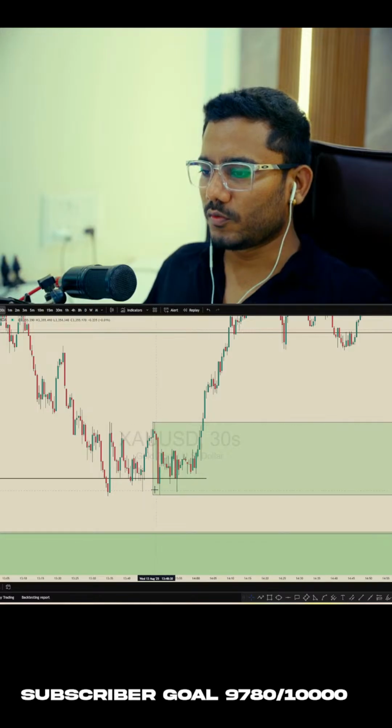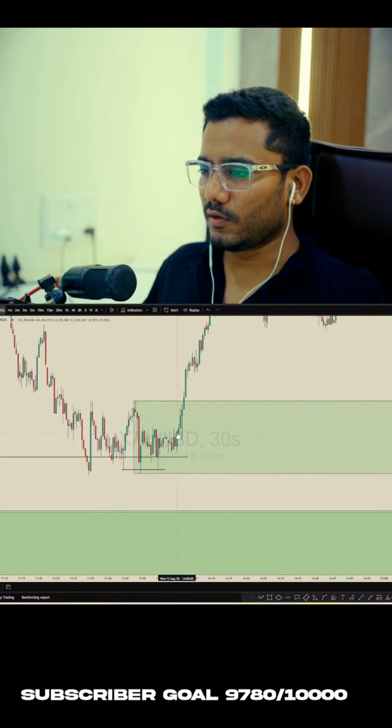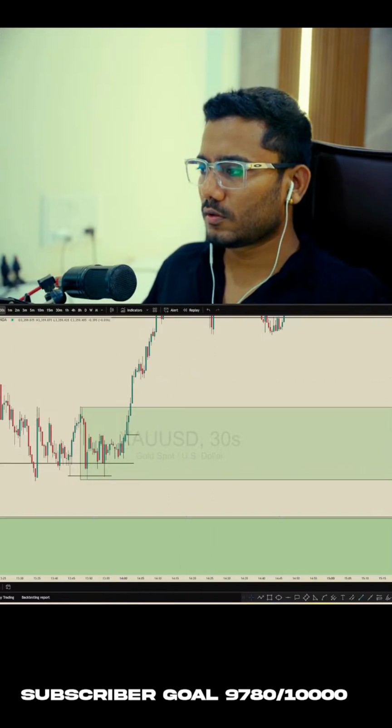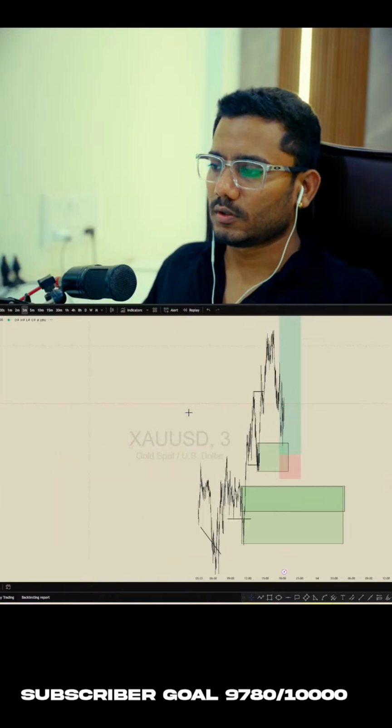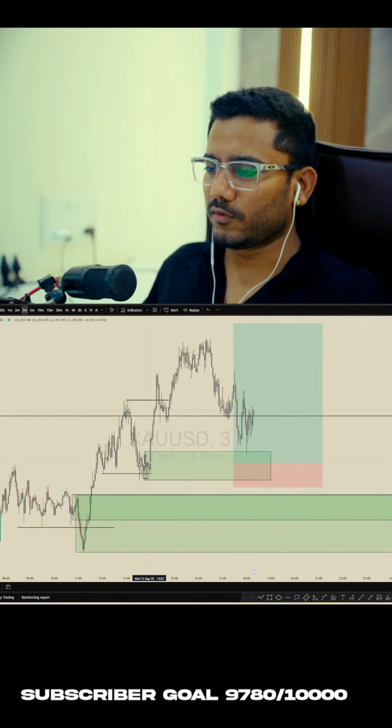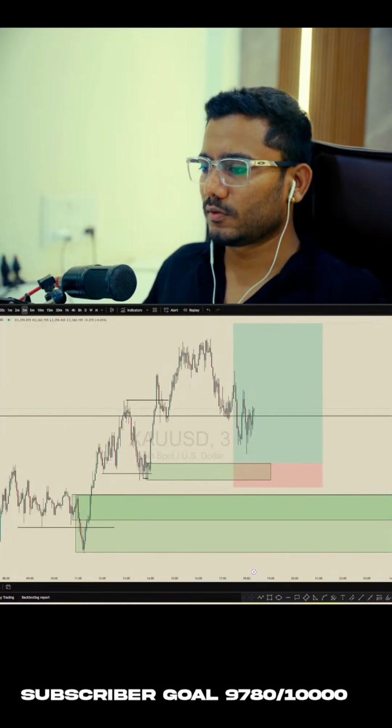So this is the order block which took out the previous low. And this is the candle which also took out the previous low. I think price has already tapped. So let's wait for price to tap this area now.